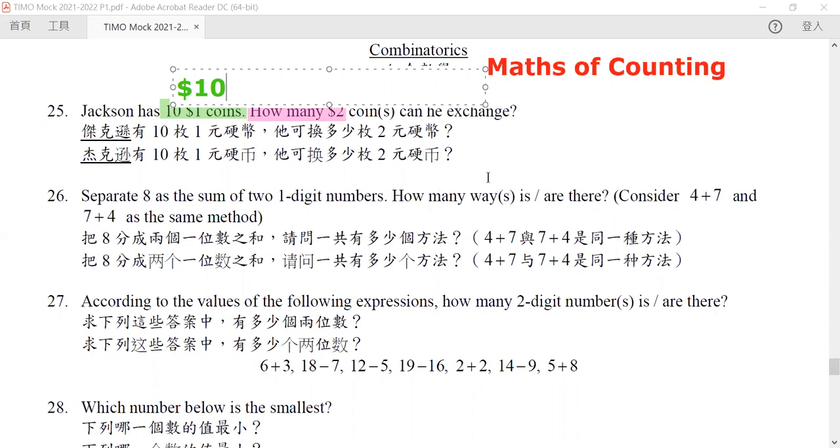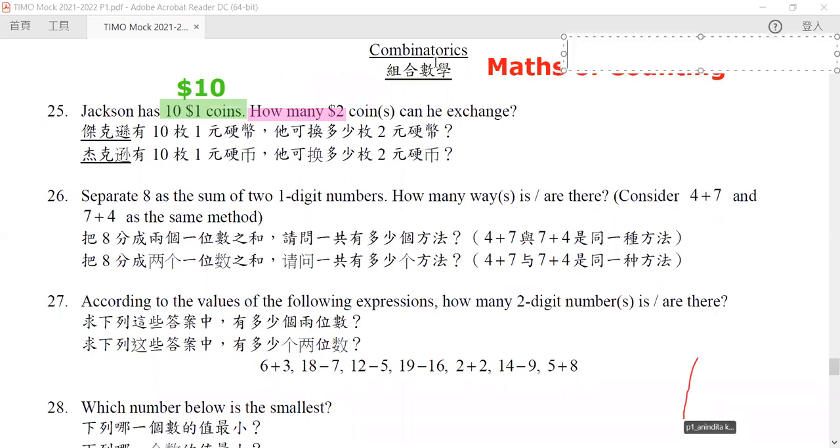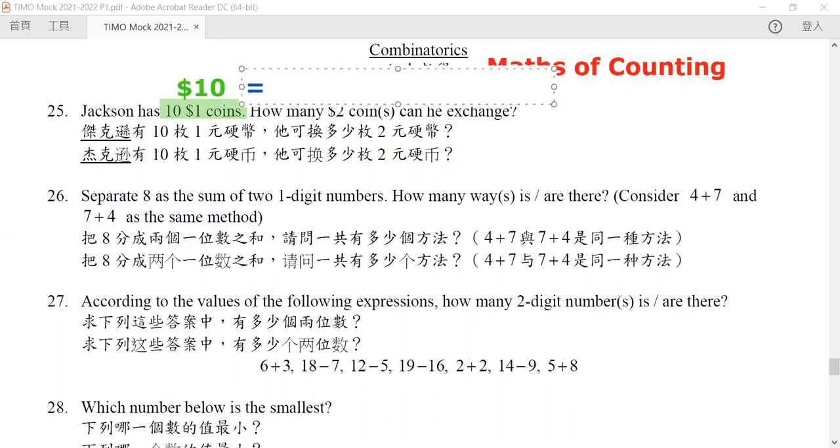But how many coins should there be if we need to convert them into $2 coins? We can convert them into 5 $2 coins. So our answer is equal to 5.